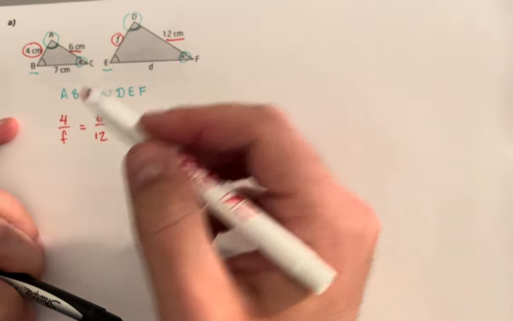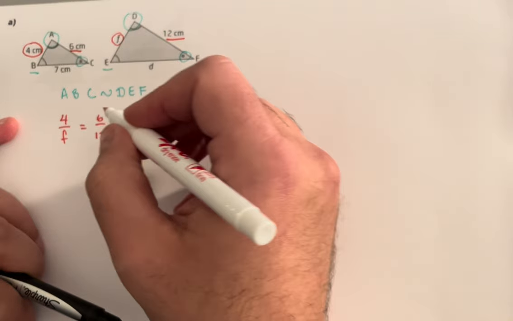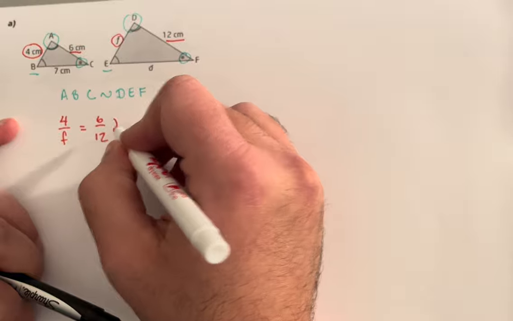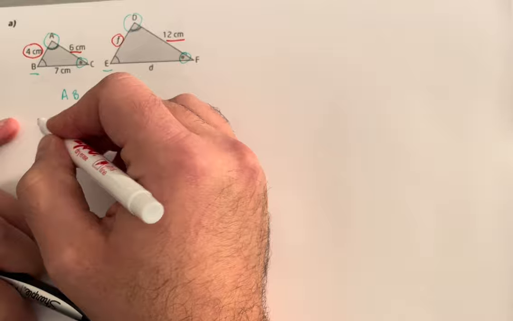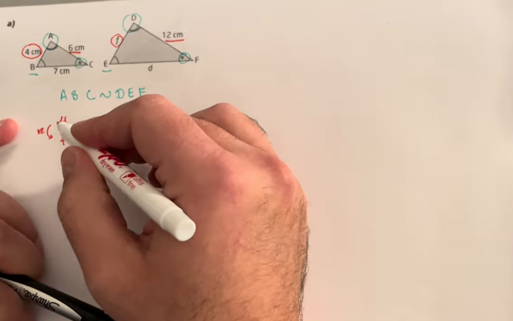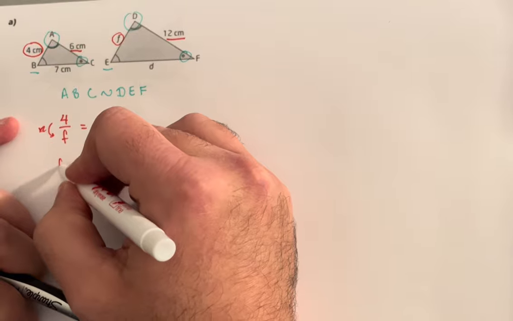So there's a few ways that we can go about solving for F. One way is that we can realize that 6 times 2 is 12. So 4 times 2 is going to be F.